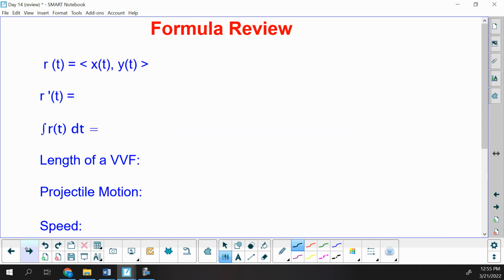All right, going over to the next page, we'll look at our vector valued functions. If you're doing your derivative, you just take the derivative of each part.